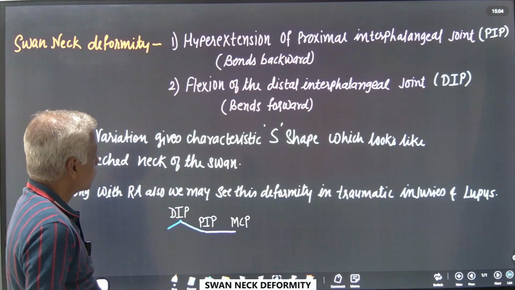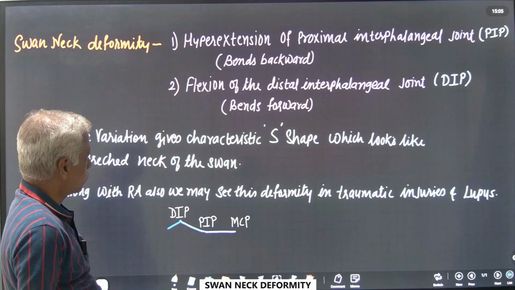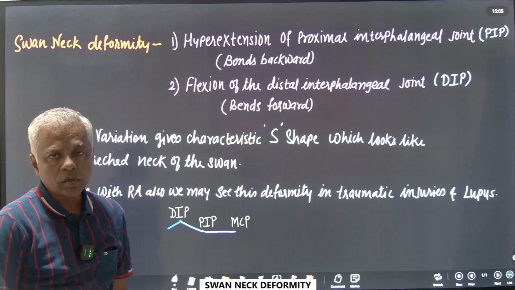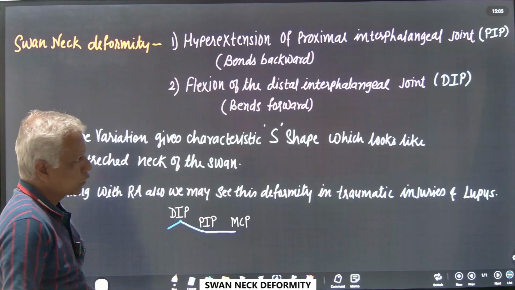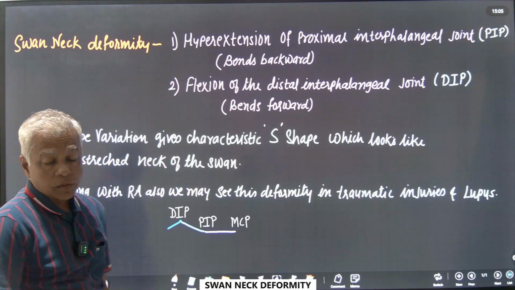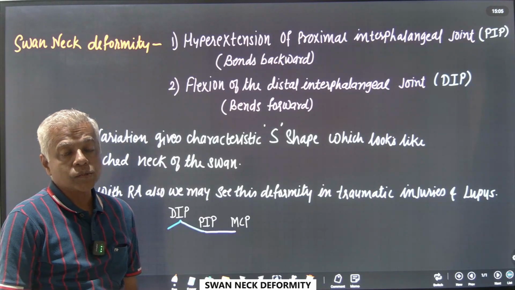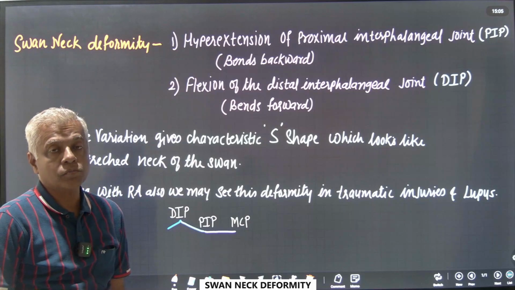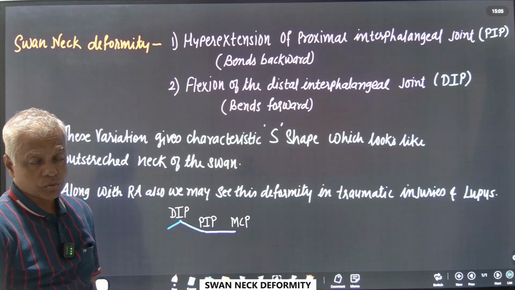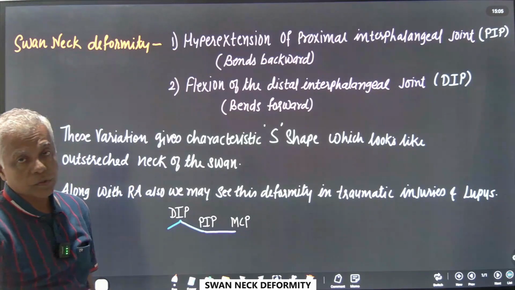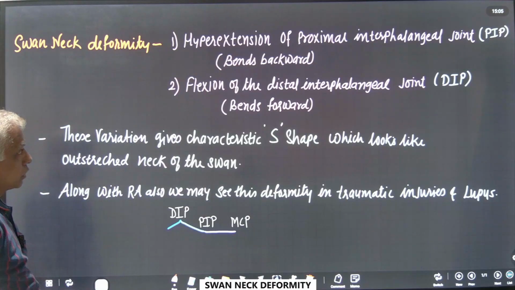And the second thing which we get with a swan neck deformity is a flexion of the distal interphalangeal joint. So we are getting a hyperextension of the proximal interphalangeal joint, and also the flexion of the distal interphalangeal joint.